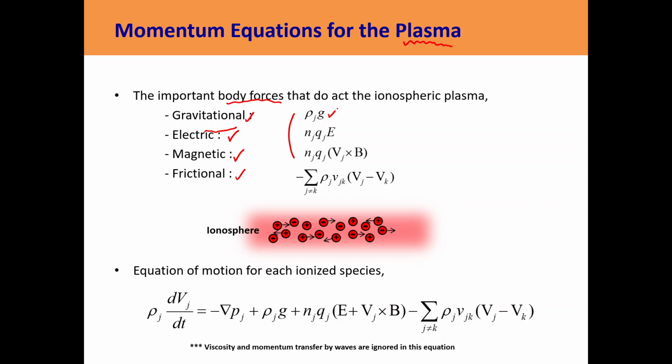One is due to the gravitational acceleration. One is due to the electric field acting on ions, and the magnetic field, velocity cross magnetic field. So you have all this acceleration; it's like the velocity pushes on the magnetic field. But the last one is frictional.